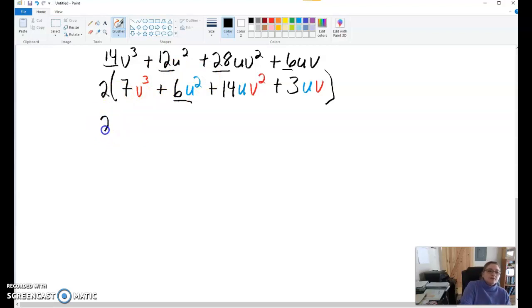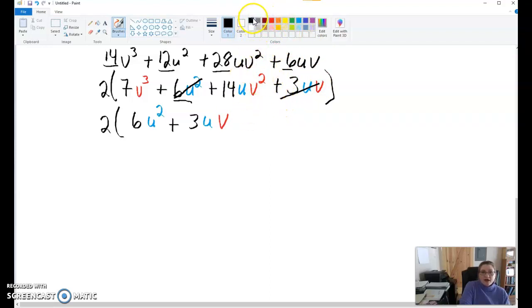So let's rewrite this. So I have 2 times 6, and I'll keep the colors, u squared. That took care of this term, plus, and I'm going to go ahead and write 3uv next. And the reason why I did that is just so that I can group it a little bit better, hopefully.